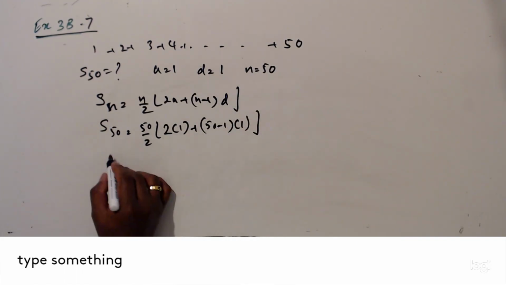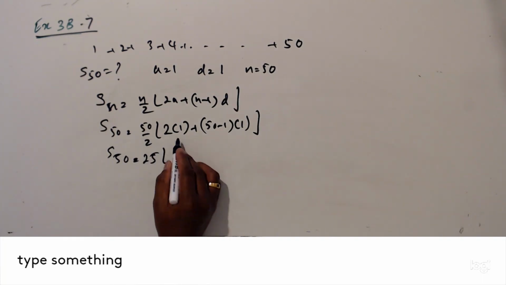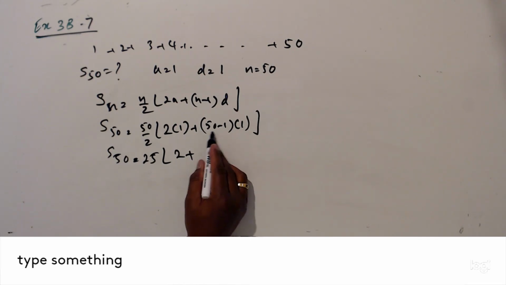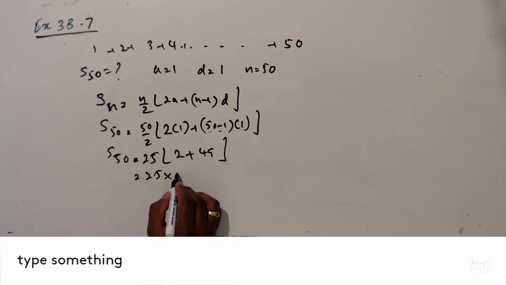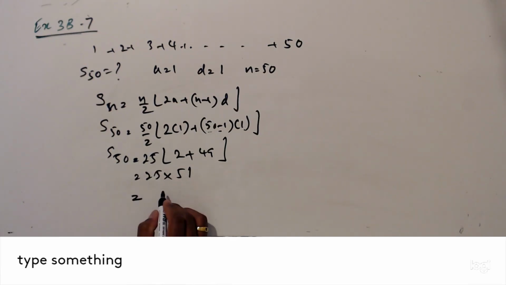S50 is 25 times 2 plus 49. This is 49 times 1, which is 49. 25 times 51. So this should be equal to 1275. I didn't calculate, but yes, it should be. So this is one way of working.